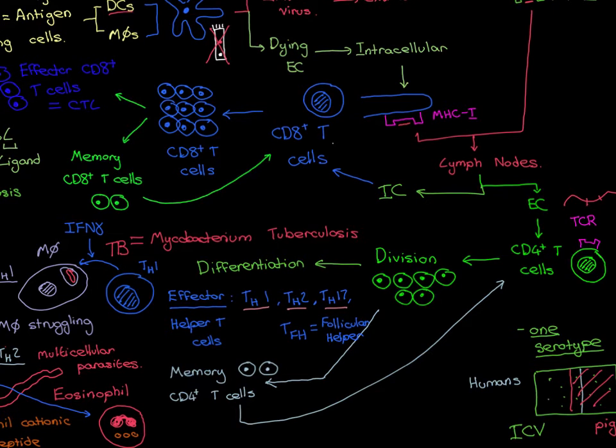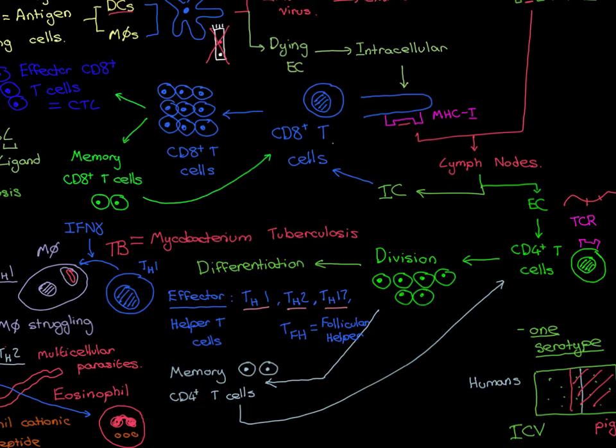And then others will differentiate into effector CD4 positive T cells, also known as helper T cells. Now remember, there are different types of effector CD4 positive T cells or helper T cells. 4 major different types: T helper 1, T helper 2, T helper 17, and T follicular helper. And remember, it's not particularly well understood what it is that determines which type of helper T cell these CD4 positive T cells are going to differentiate into.